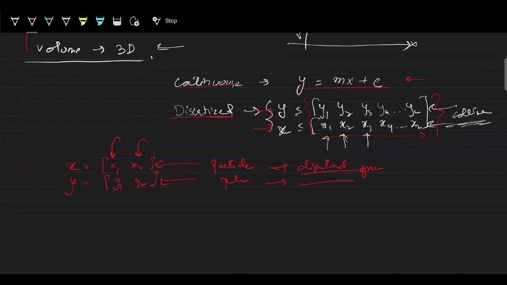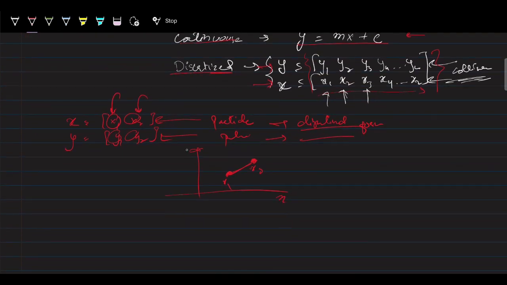Both these coordinates belong to the same particle. So this is a line, and the line will be represented by only 2 points for a start, and they will be considered as one particle.